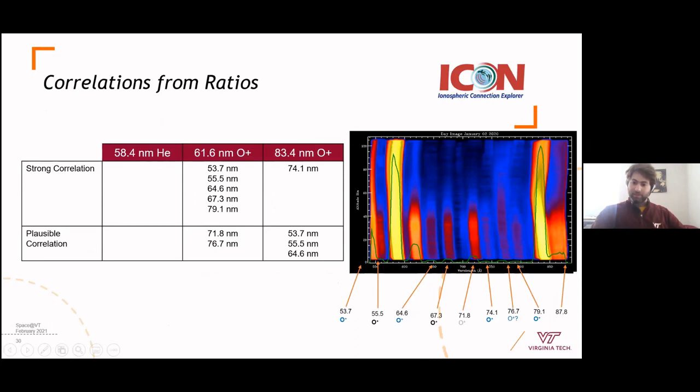So 741, for example, there's this dim emission you can see. And in our main literary resource, there wasn't any indication that we should expect to find an O+ line there. And yet we've determined, with at least some certainty, that there is an O+ type feature lying around there. So that's really cool, our first result.